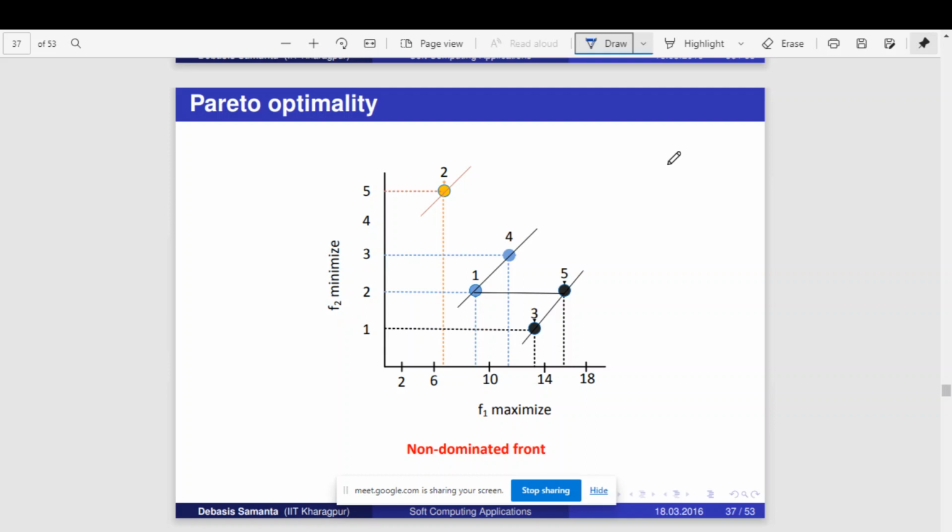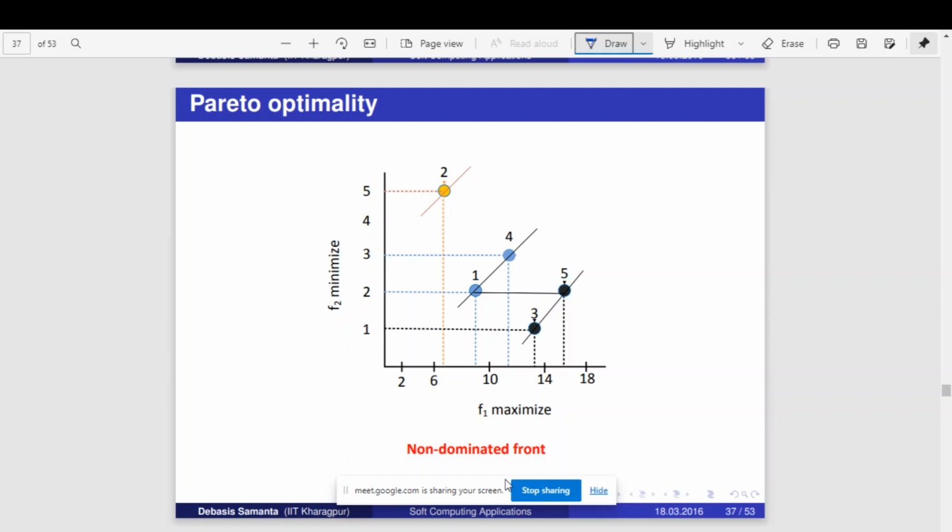A Pareto optimal solution is a solution which cannot be further improved without degrading some other objective function. Right. Such a solution is called a Pareto optimal solution.